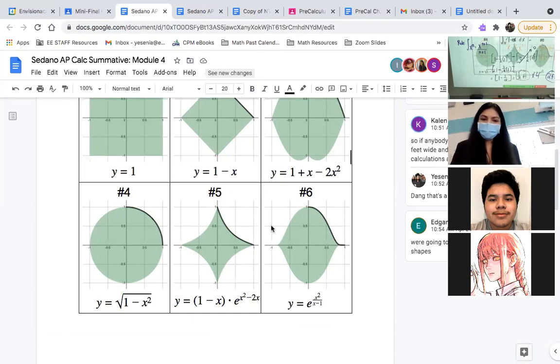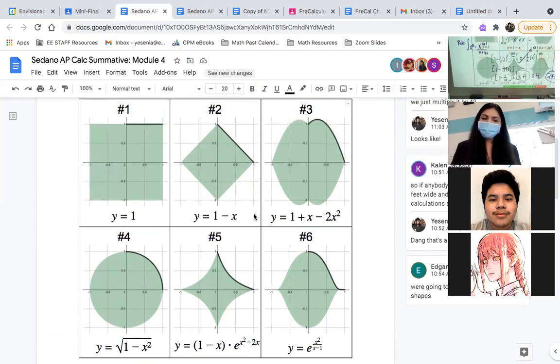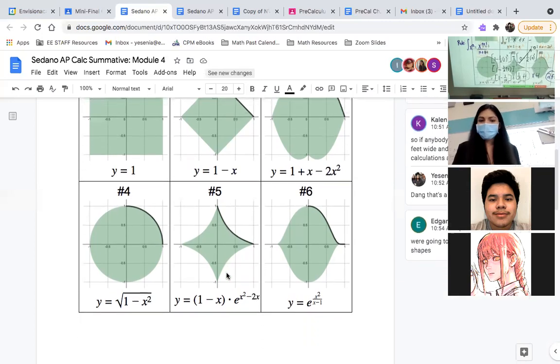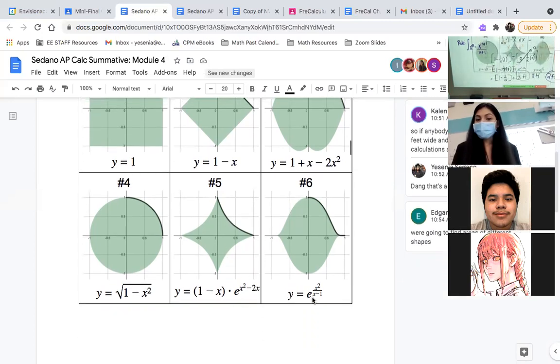Not only Riemann sums, but you could also notice how number 5 looks very much similar to number 2. But you can tell that number 5's area is going to be slightly less than number 2. So you can use that to make very close approximations as well. But yes, Riemann sums is what I recommend for number 5 and number 6, because these are a little bit more complex, and we don't have an antiderivative rule for these more complicated ones, because there's more than just E to the X. There are different functions happening around it.